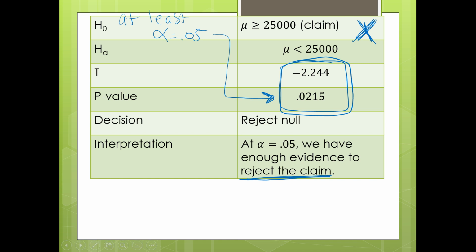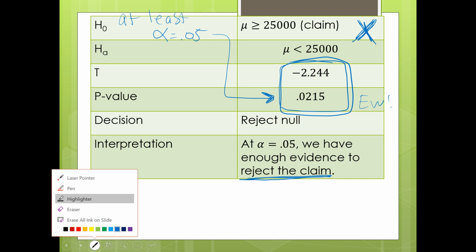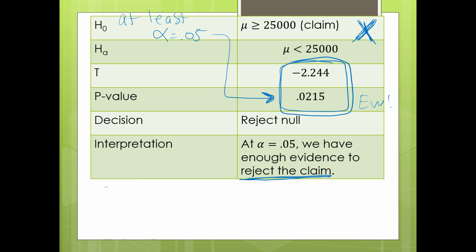Now, let's say you just hate p-values. Ew, I don't like these. And you would rather use the critical value method. So if you're using the critical value method on this question, remember our sample size was 14. So our degree, I'm going to erase that because something's going to pop up there. So our sample size was 14.